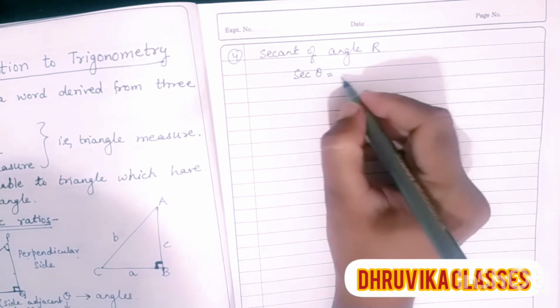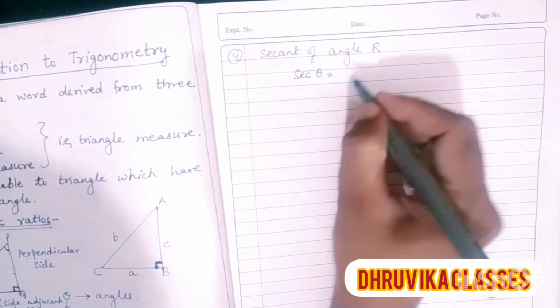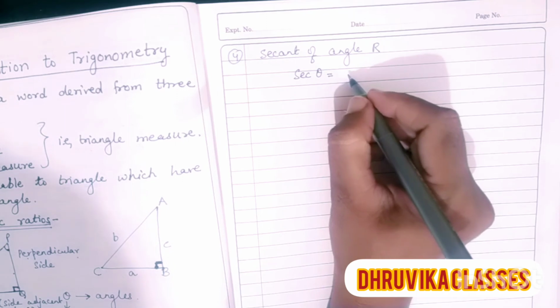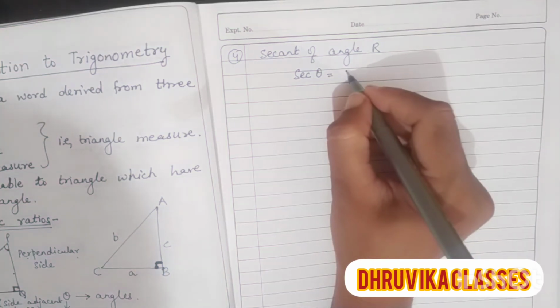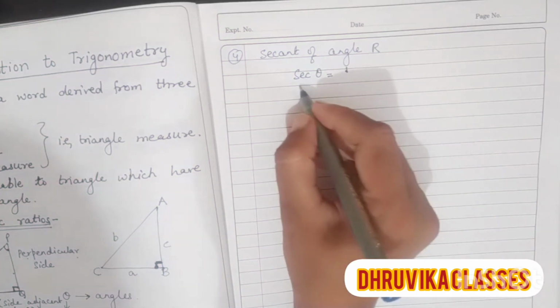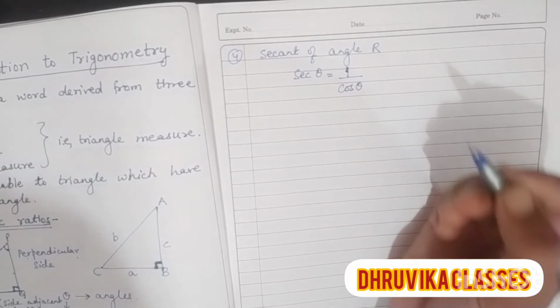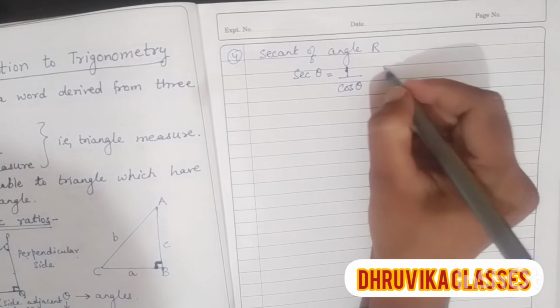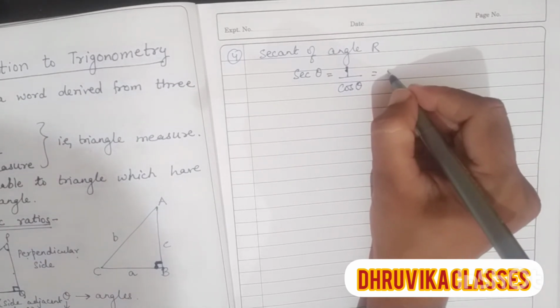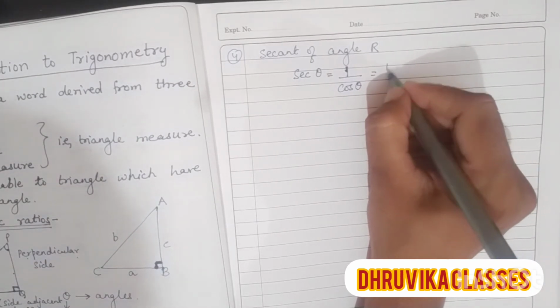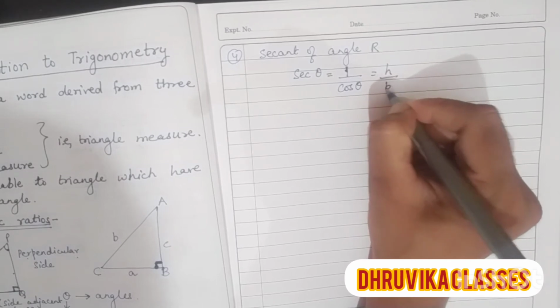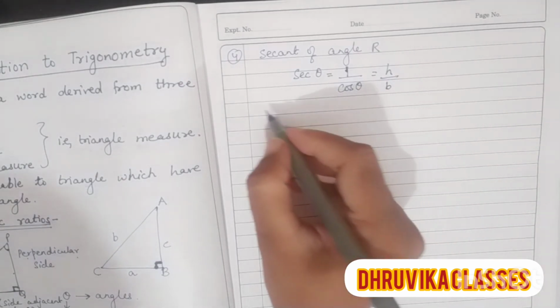Secant of angle theta is sec theta. It is the opposite of cos theta. As we know, cos theta is B by H. Sec theta is the reciprocal of cos theta, so it is H by B.